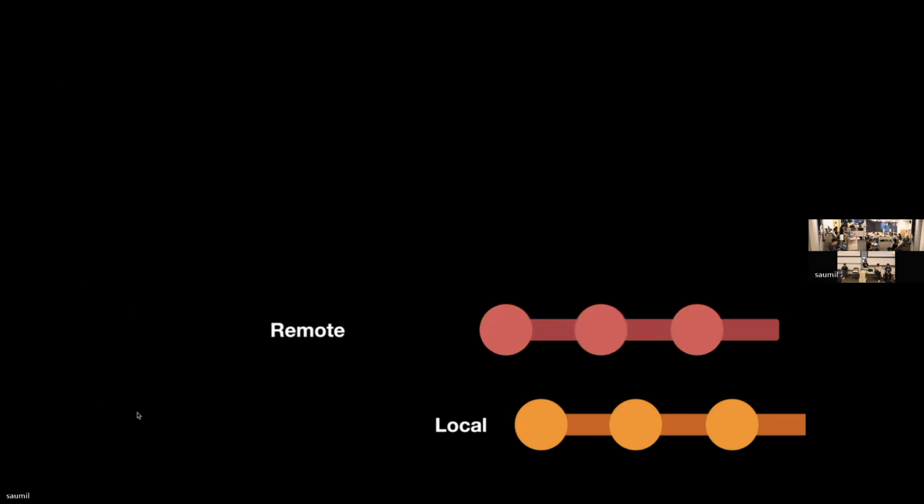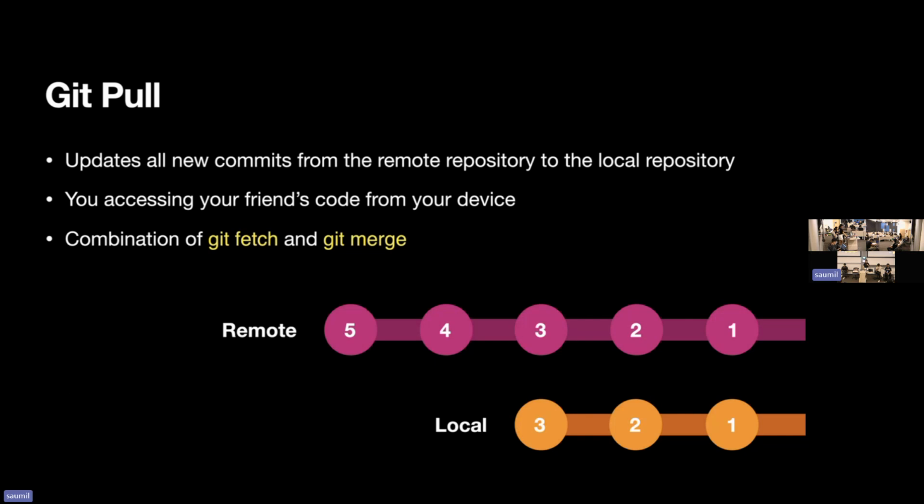Afterwards, we also have git pull. git pull is where we go from the remote repo down to your local repo. This might be how you access your friend's code from GitHub onto your device so that you can do some edits or perform further testing.